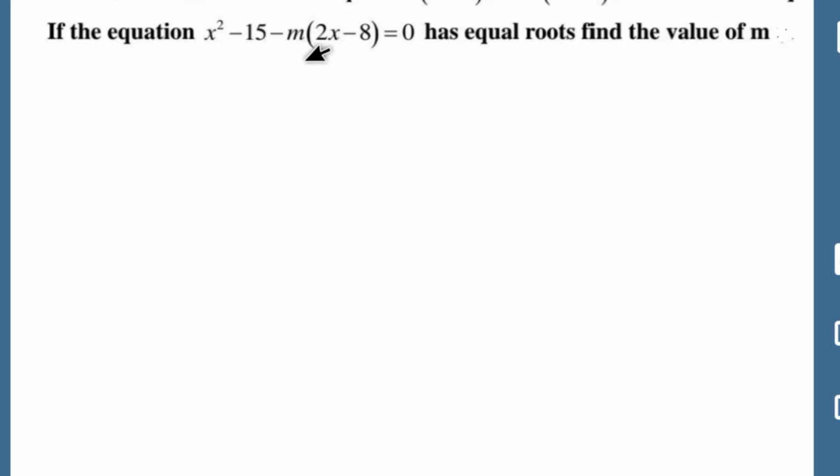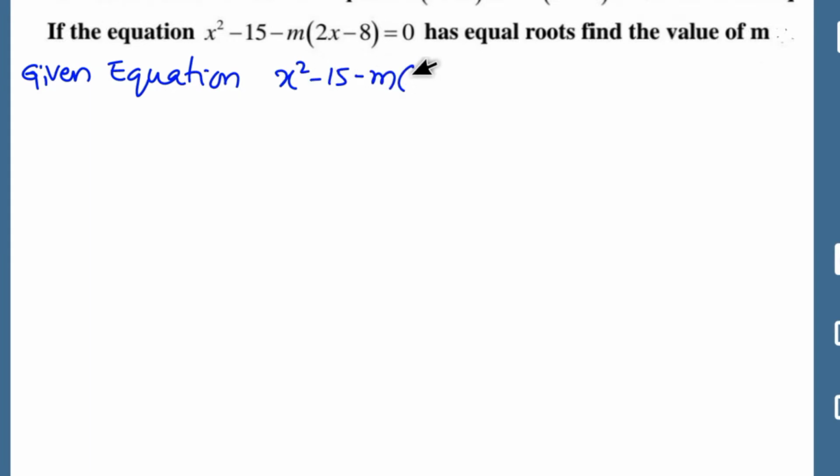If the equation has equal roots, find the value of m. So first write the given equation. The given equation is x square minus (15 minus m) into 2x minus 8 equals 0.